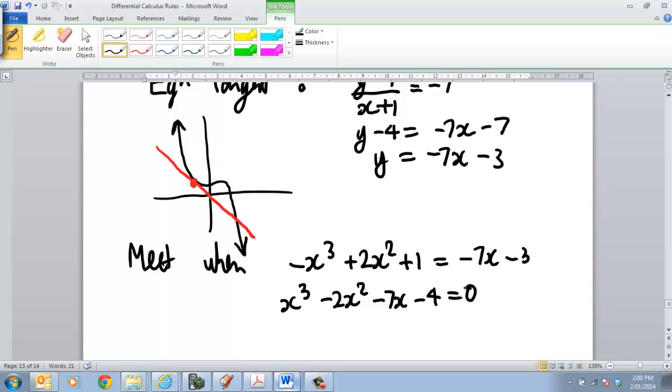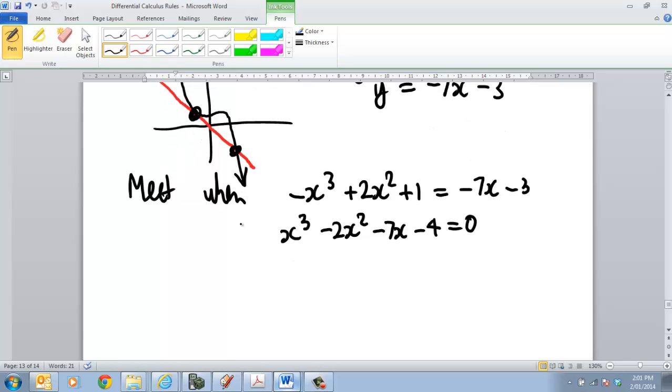What we have to do is factorise that, because that will give us the points of contact at that point there and also that point there. The good thing about this, you could either put this into your factor or polynomial solver and find those factors. But because we know it meets over here at x equals negative 1, we actually already know 2 of the factors.